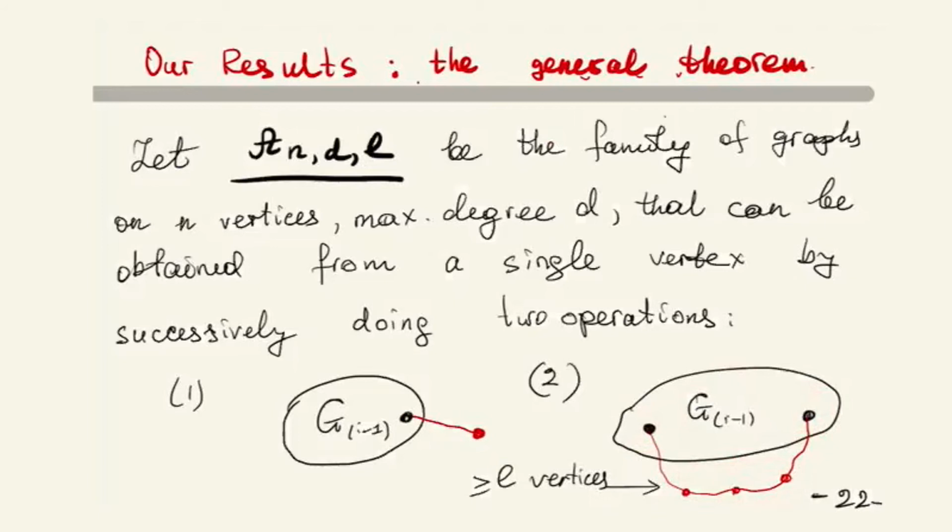You can see, for example, that a tree can be obtained like this because every time you are just adding a leaf. Subdivisions of graphs can also easily be obtained like this.